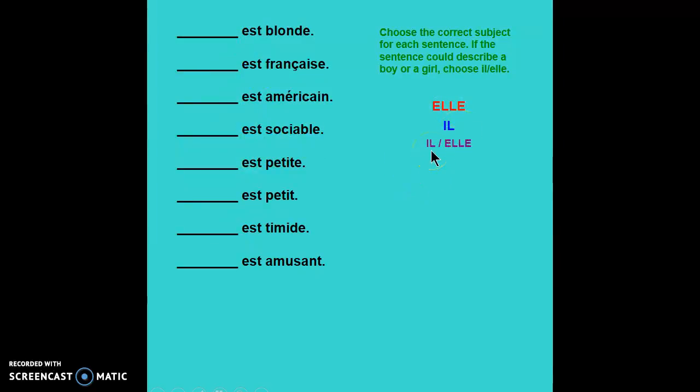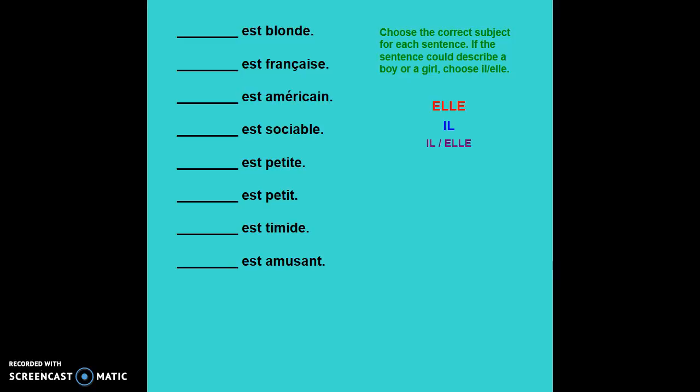Or for a couple of them, they could possibly describe a male or a female because those adjectives normally end in E, just naturally. That's how they're spelled. So this might be a good time for you to pause the video and look at these for a moment and see if you can decide which ones are il or elle, or could they be both? All right, so pause for me.